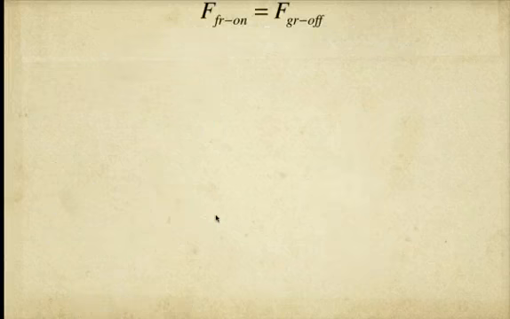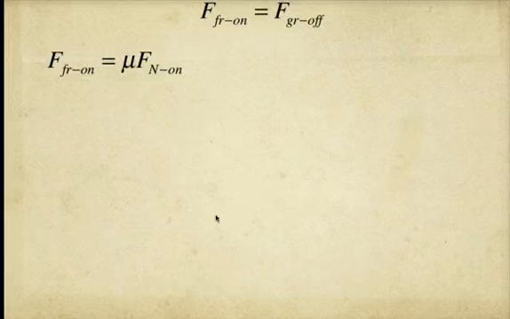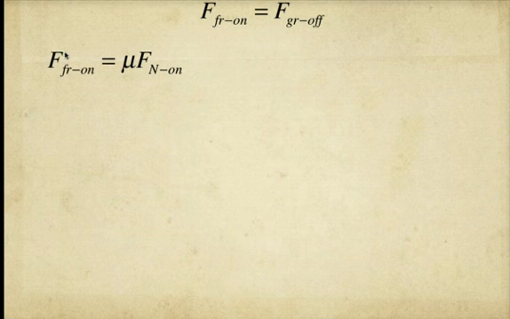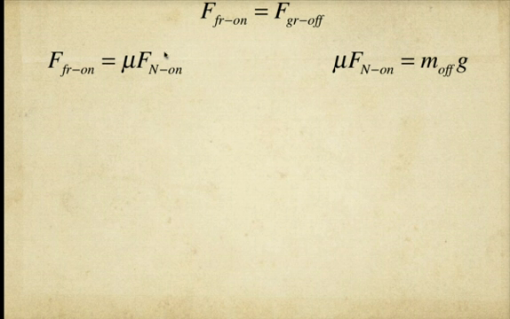So moving on from there, we're playing with this equation. Physics is basically over. Right now it's just pure algebra. So force of friction on the on part, all I'm doing is using the formula for friction. Friction is mu times normal force. So I can rewrite that: instead of force of friction on, I'm writing mu times normal force on the on part equals force of gravity, which is mg, and that's the m of the off part.